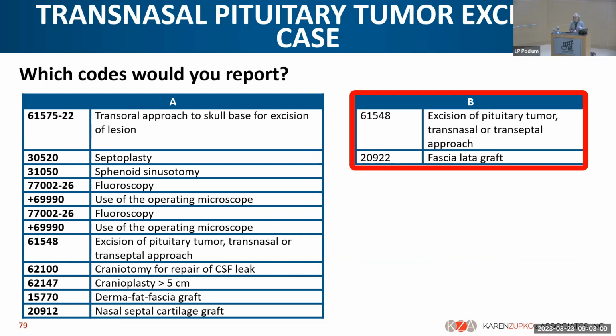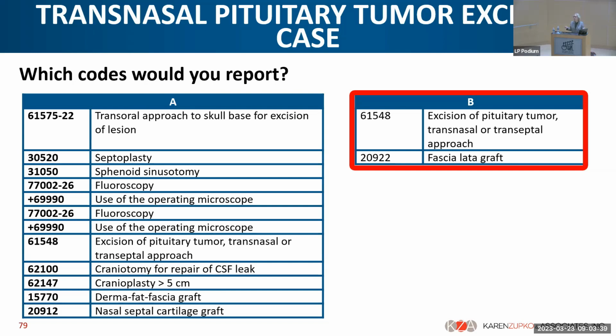That procedure has one code, 61548, and that's all she wrote, okay? When you have an ENT do that endoscopic portion, they get you in, and when they get you out, they repair the septum, and anything they do is included in the value of 61548. They can't bill any other codes. So it's your responsibility as the surgeon to let your ENT colleague know, I'm going to bill the 61548.